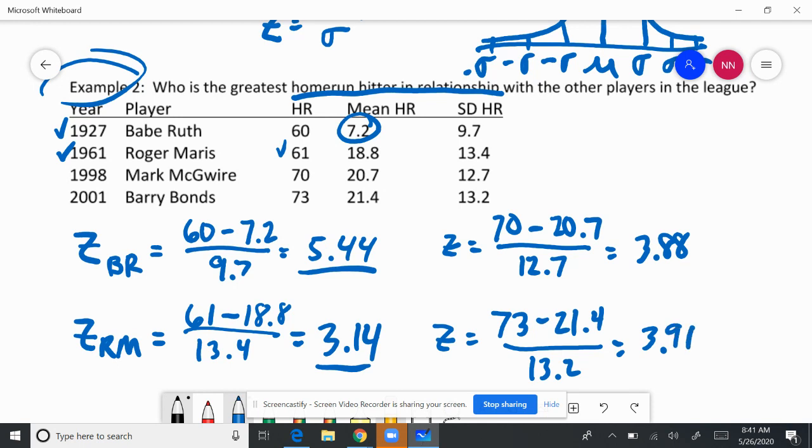So notice that it's better than Mark McGwire and Roger Maris, but not quite as good as Babe Ruth. So Babe Ruth would be the best home run hitter based off of the number of home runs he hit versus the number of home runs that the other players hit in the league. And this is how we find our z-score.